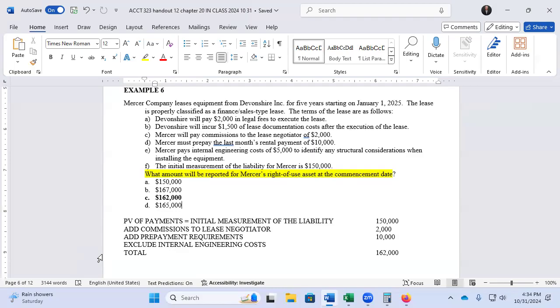But because this isn't an asset that we have as a finance type lease or as something we're going to be taking ownership of, we have to exclude it. Any questions? Okay.